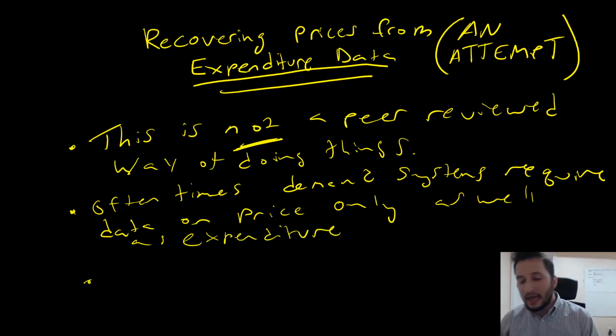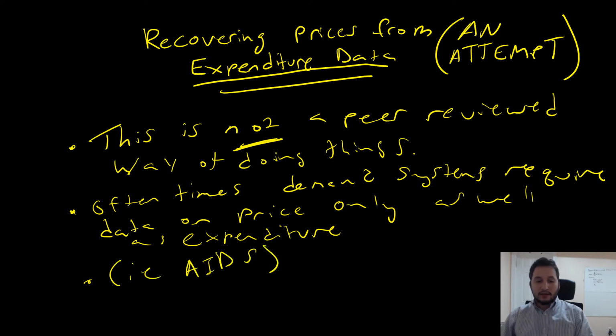And the best example of this would be the almost ideal demand system, i.e. the AIDS system. So let's go and work through the actual procedure for hacking this data.